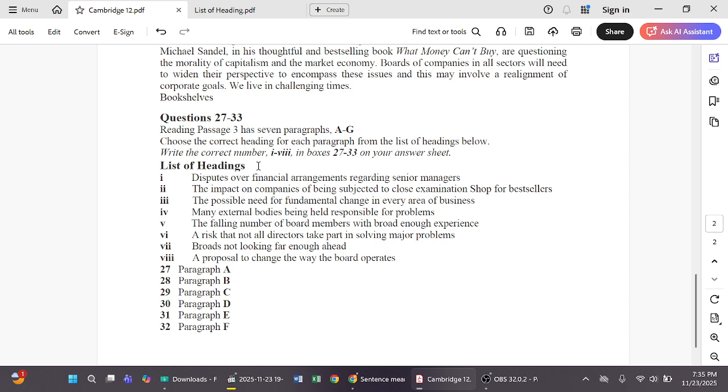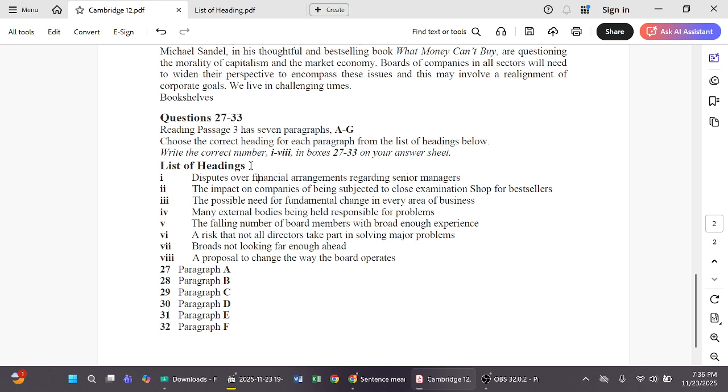That is completely different from paragraph matching, so don't mix up paragraph matching and list of headings. Those are completely different question patterns, and try to stick to the specific strategy that you have to follow. So without any delay, we have to move on.